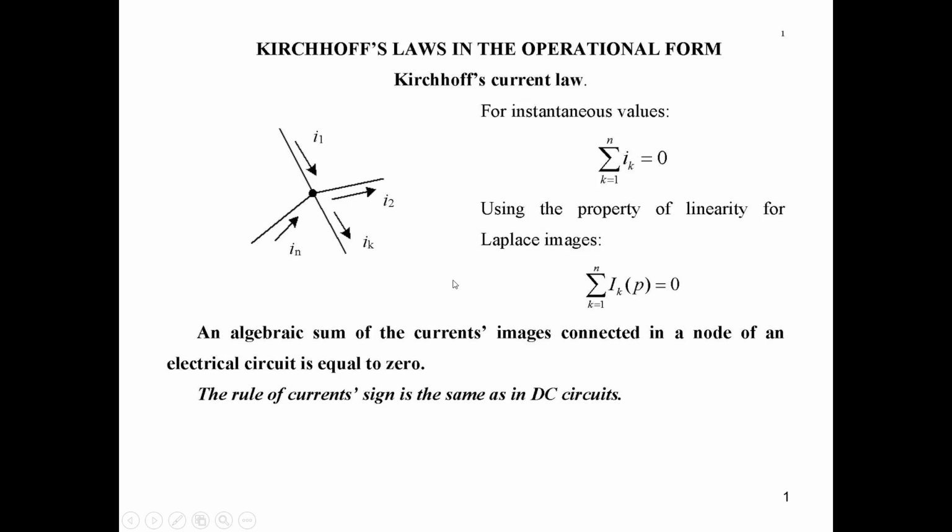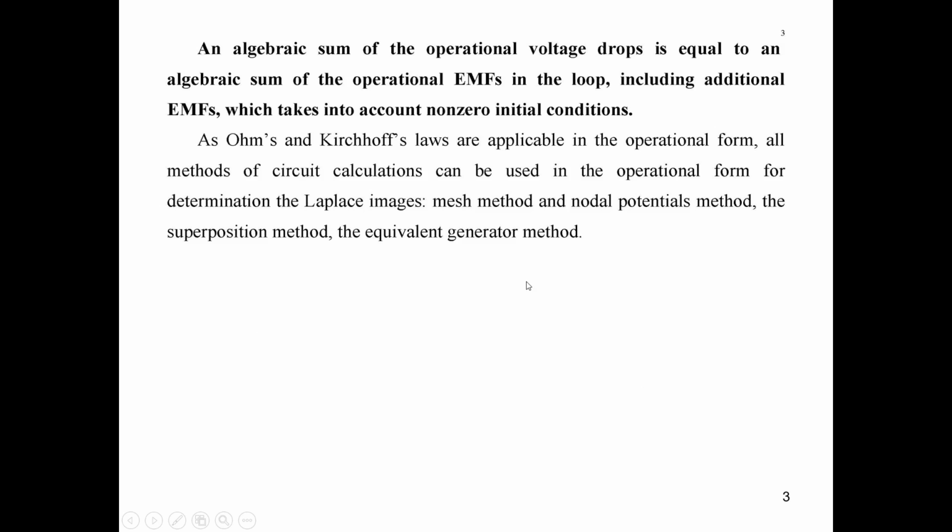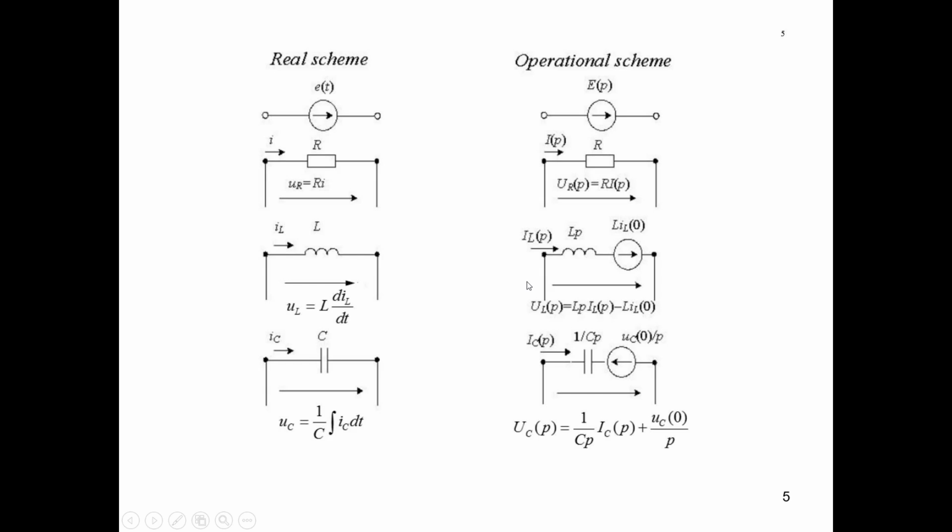It was that we can use Laplace transformation for writing first Kirchhoff's current law, for writing second Kirchhoff's law, and therefore we can use all methods for determination of currents, voltages, with the help of Laplace transformed parameters.